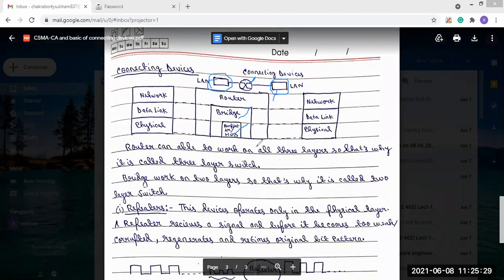So what will the repeater do? There will be a repeater present. Repeater will regenerate that signal and retain the original bit pattern.